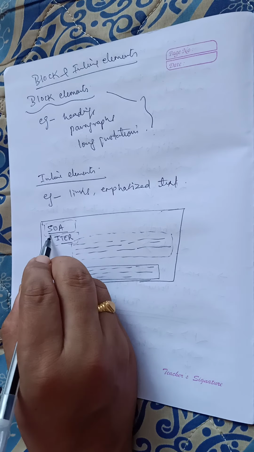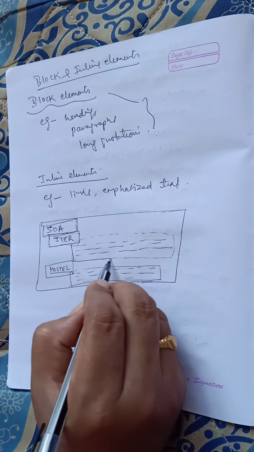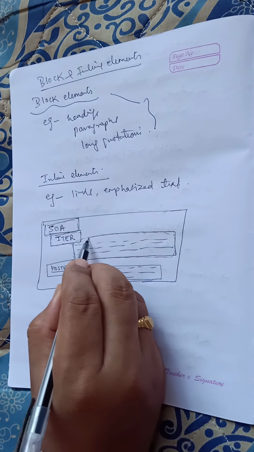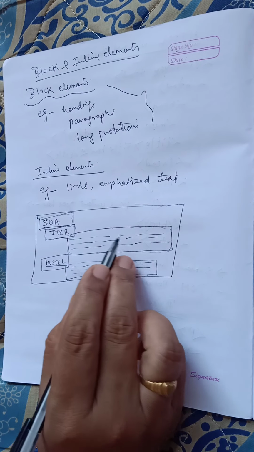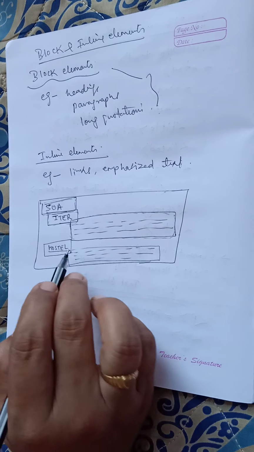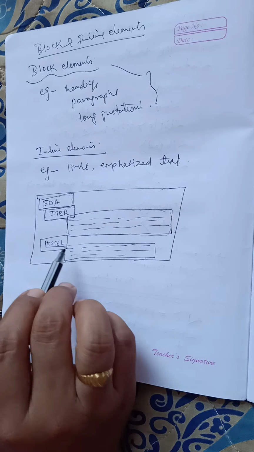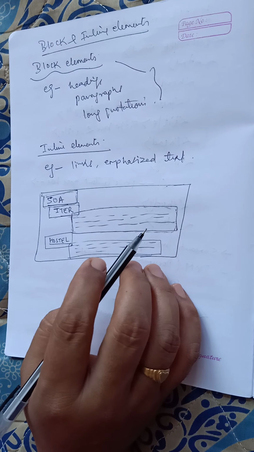So all these are my blocks, because you can see I can create a rectangular box, I can outline them within a rectangular box. So I will say this is one block, this is one block. So here a total of 5 blocks are there.